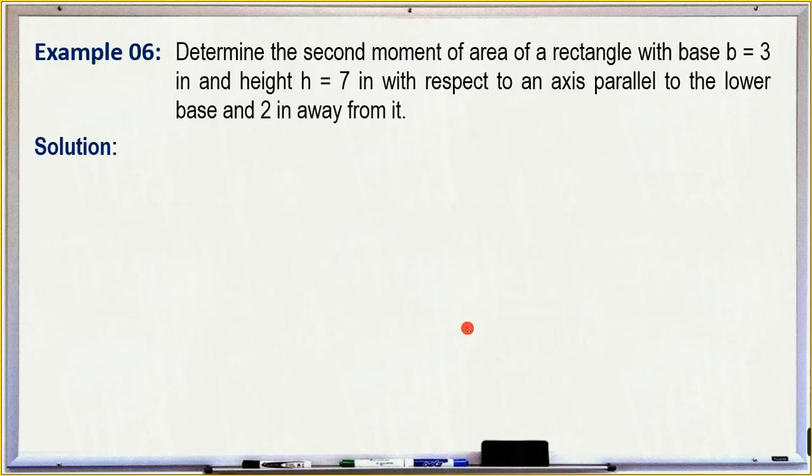So we have our example number 6. Determine the second moment of area of a rectangle with base b equals 3 inches and height h equals 7 inches with respect to an axis parallel to the lower base and 2 inches away from it.